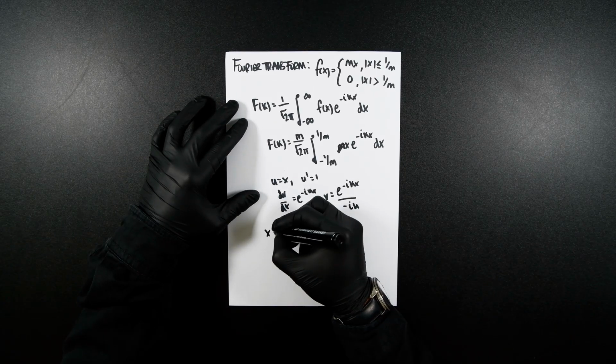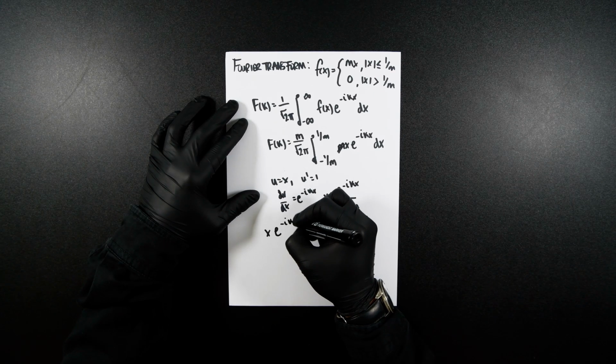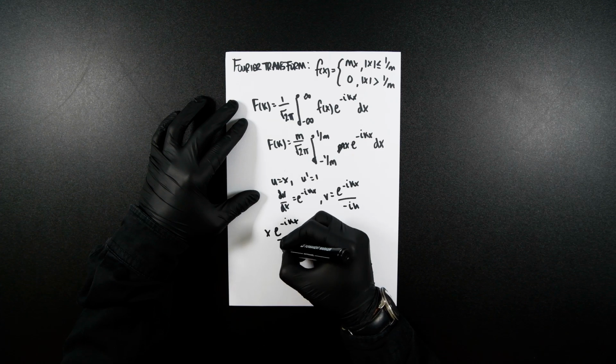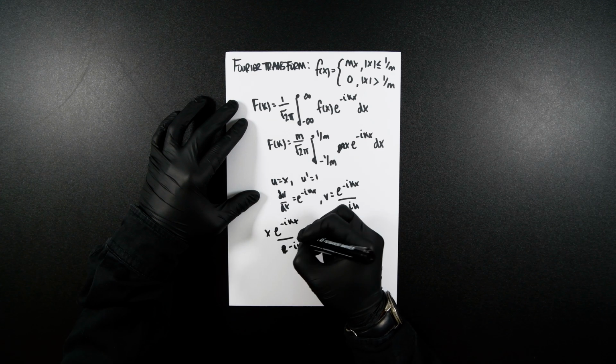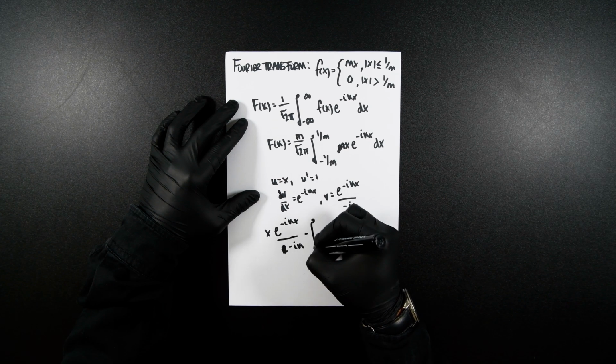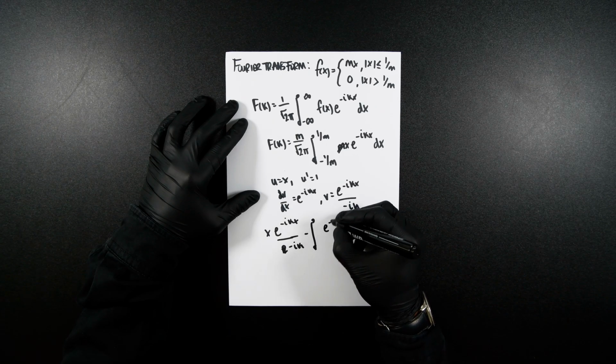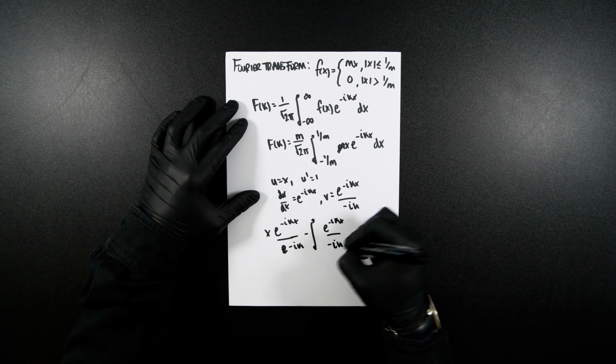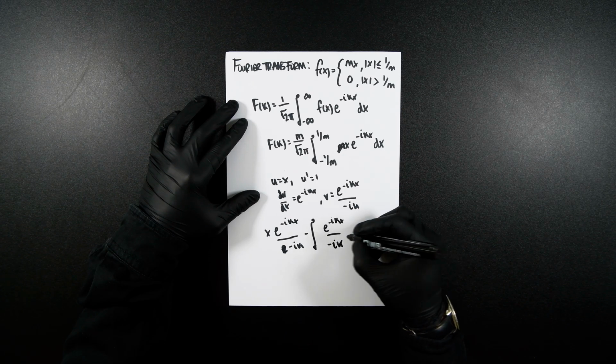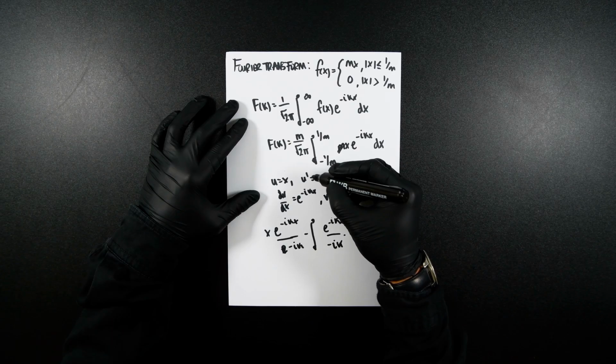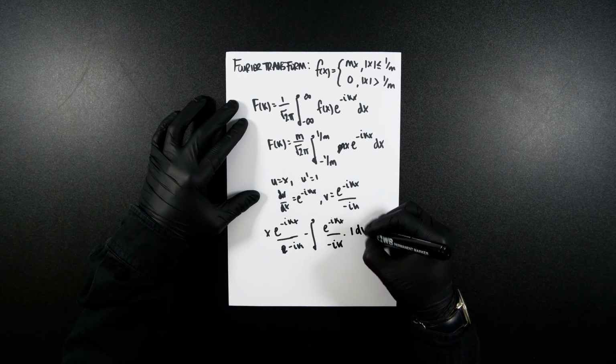So you're going to get x e to the minus ikx divided by minus ik, minus the integral of e to the minus ikx over minus ik, and then 1 multiplied by 1, u dash is there, dx.